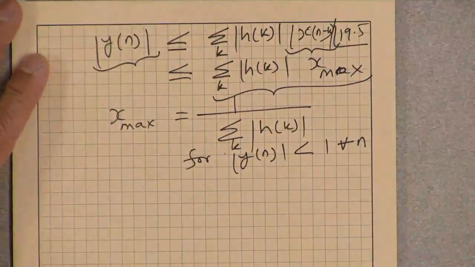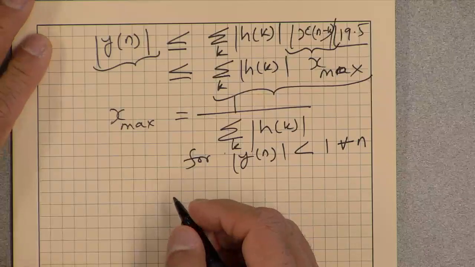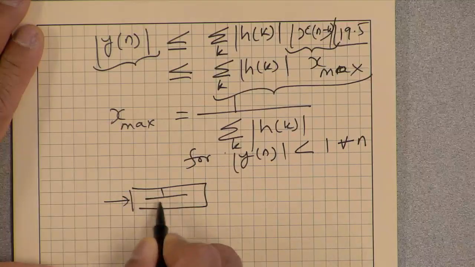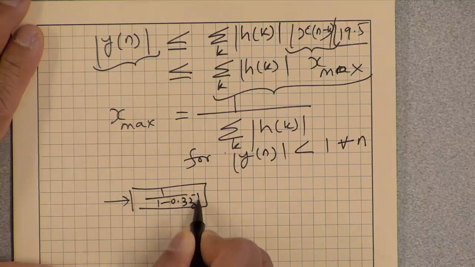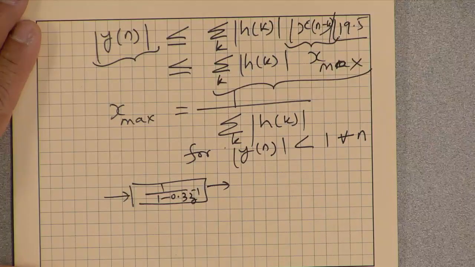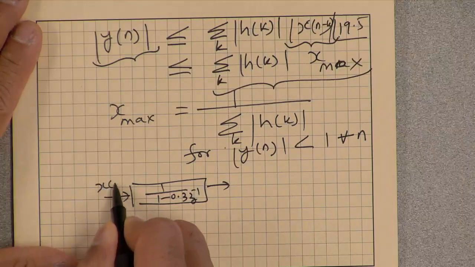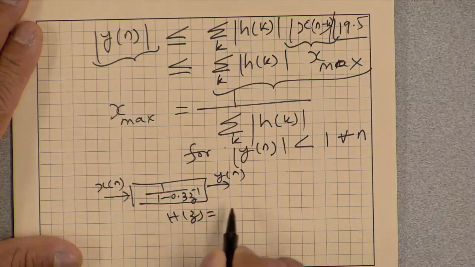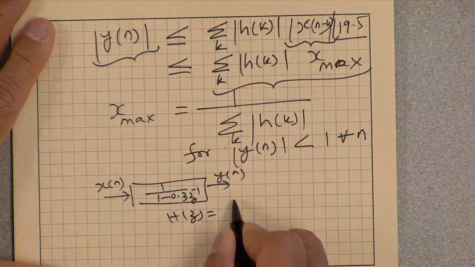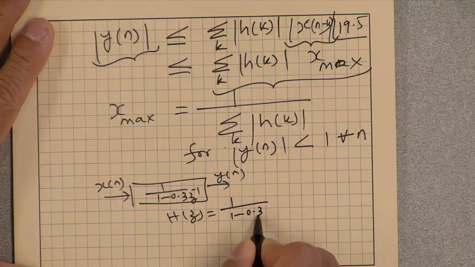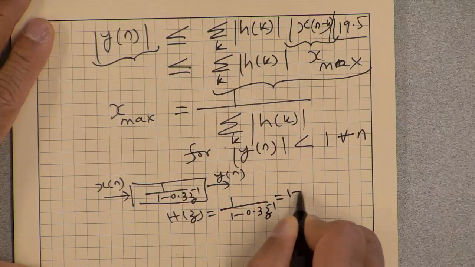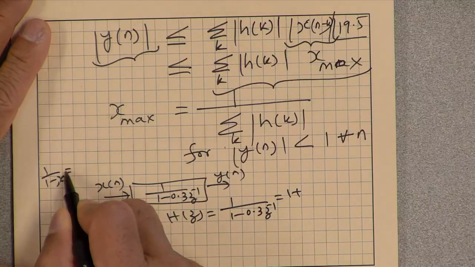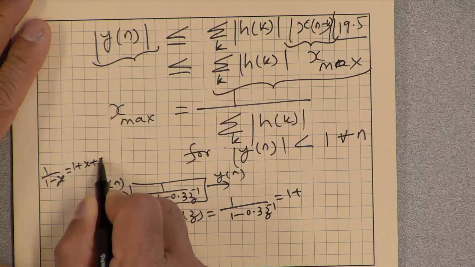Let's take an example. Let's say that we have a first order filter, 1 by 1 minus 0.3 z to the power minus 1. So h of z is equal to 1 over 1 minus 0.3 z to the power minus 1, which is 1 by 1 minus x, equal to 1 plus x plus x squared up to infinity.